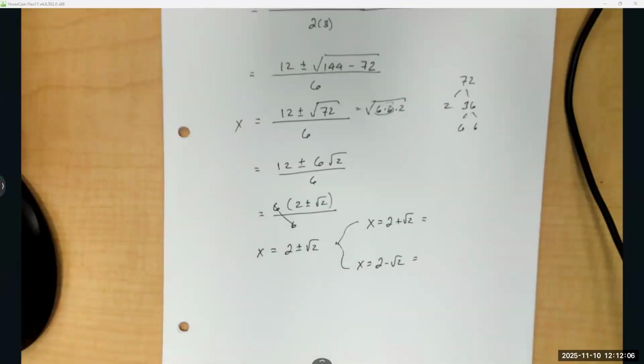Same stuff we did in algebra many years ago. So my calculation is 2 plus square root of 2. Where's my square root of 2?